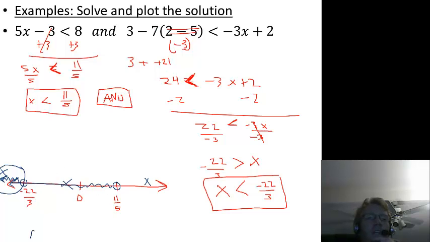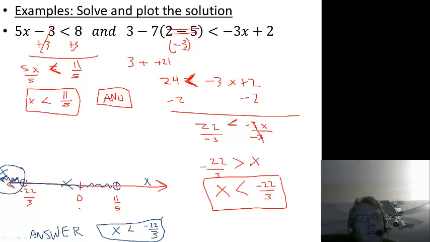So our final answer is the restricted answer, which is the intersection. And so here it's going to be x is less than negative 22 thirds. In order to be less than both of these, you have to definitely be less than negative 22 thirds. And so that's our final answer.